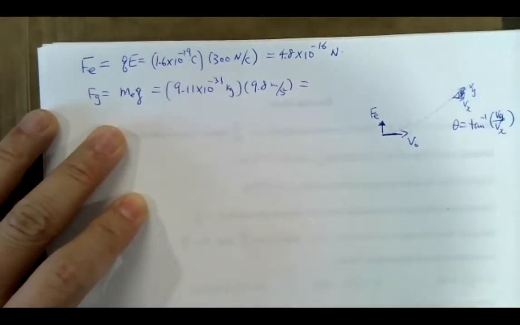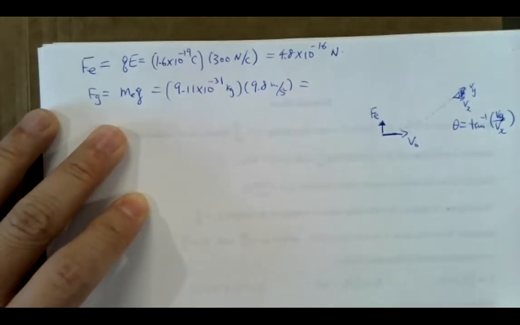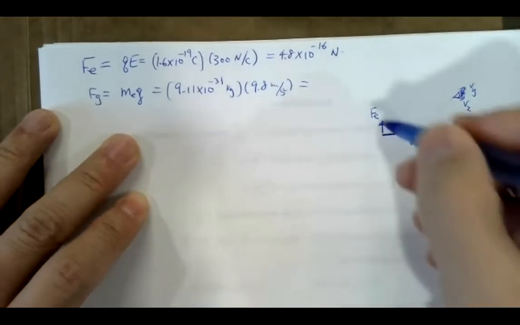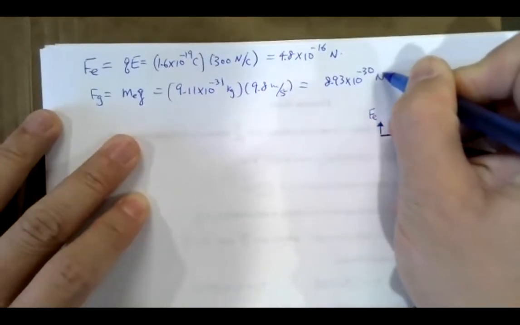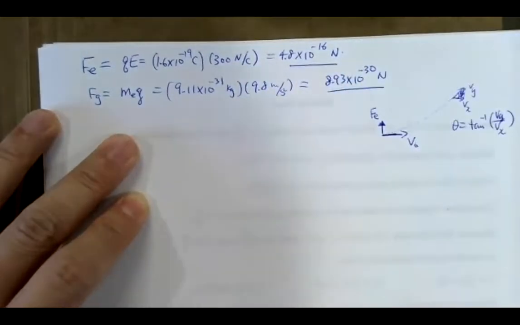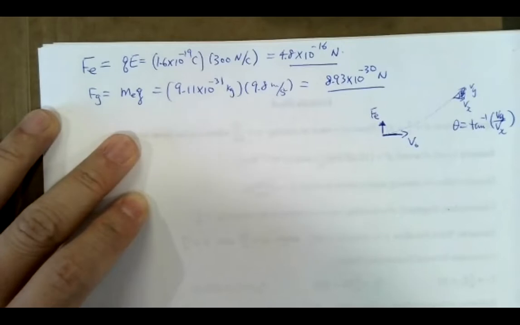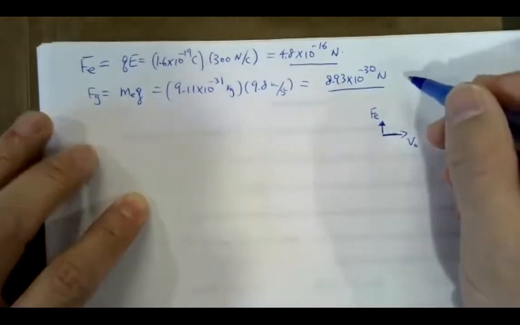So how much does that give you? 9.11 times 9.8 gives you 8.93 times 10 to the negative 30. So you can compare the two, 10 to the minus 30 to 10 to the minus 16, so you can basically ignore the gravitational force. Okay, so this one is very, very small.